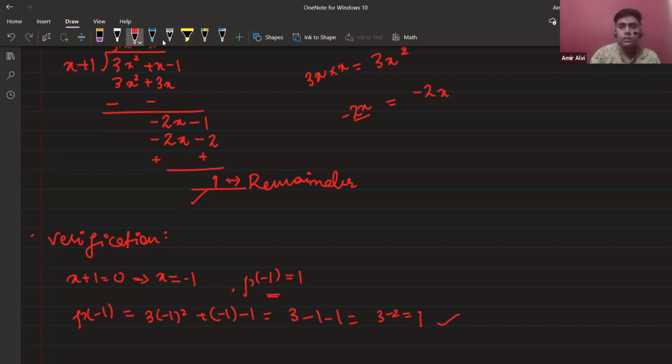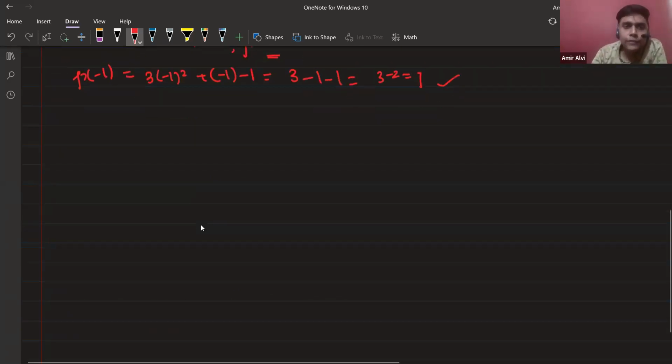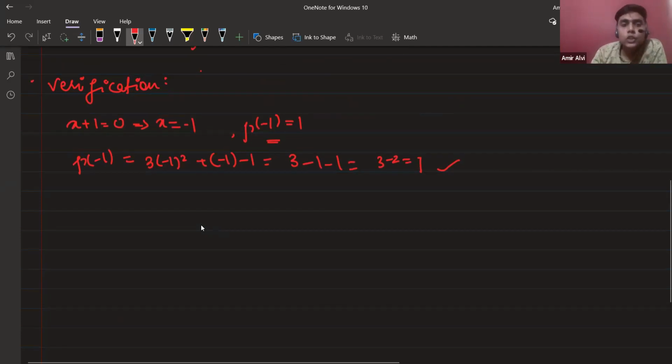Any doubt in this? So if you want assurance, you can use the verification process to be assured that you have done the question correctly or not. So that's what the remainder theorem is.